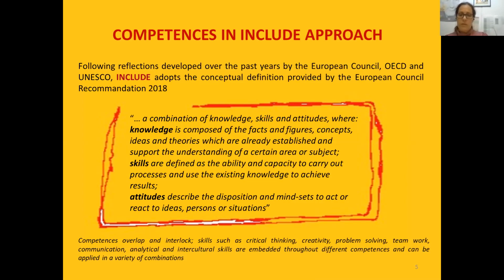Skills such as critical thinking, creativity, and problem solving are transversal among different competencies. For example, critical thinking is embedded in the personal and learning to learn competence, but also in the citizenship competence. So all competencies overlap and interlock.